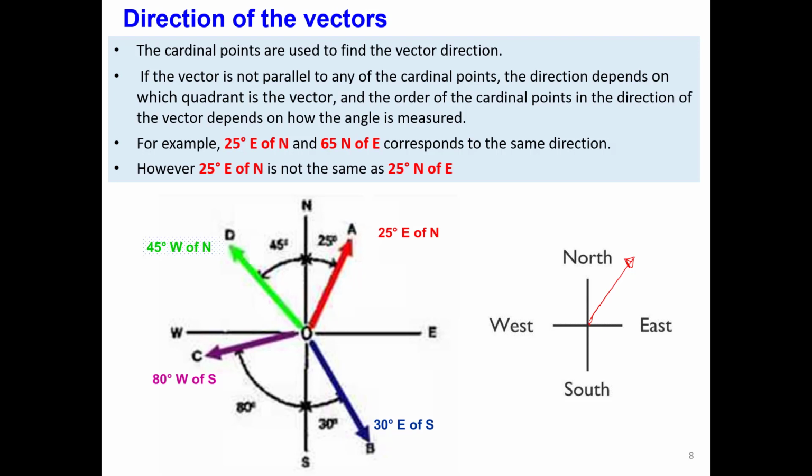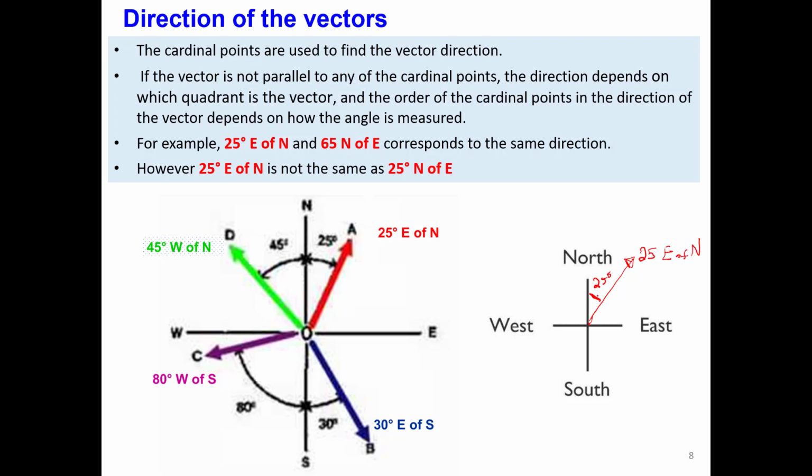Then how will we give the direction of the vector? Depending on how we measure the angle. For example, if we measure this angle, and let's think this is 25 degrees, then we will give the direction like that. We will say the direction of this vector is 25 degrees of north.